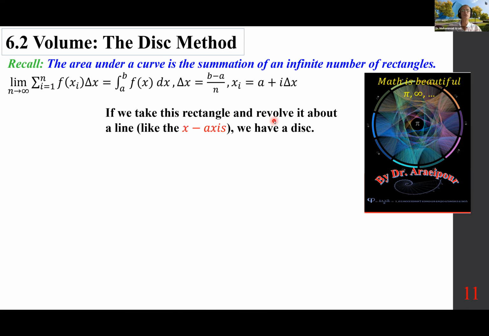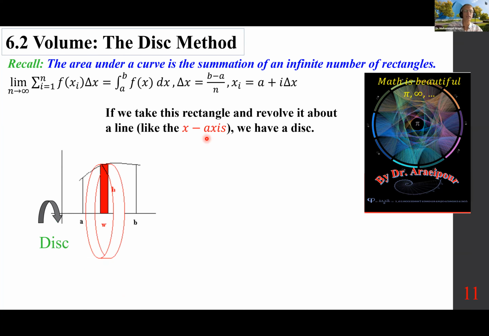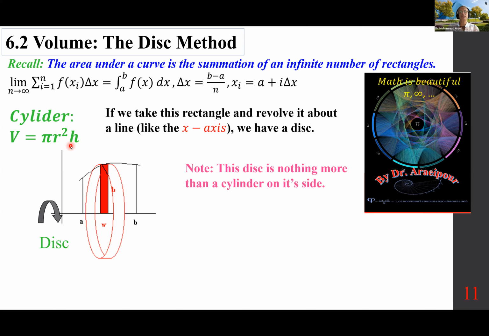If we take this rectangle and revolve it about a line, for example, the x-axis, it creates a disk. We remember the volume of a cylindrical shape is pi r squared h. And note, this disk is nothing more than a cylinder on its side.